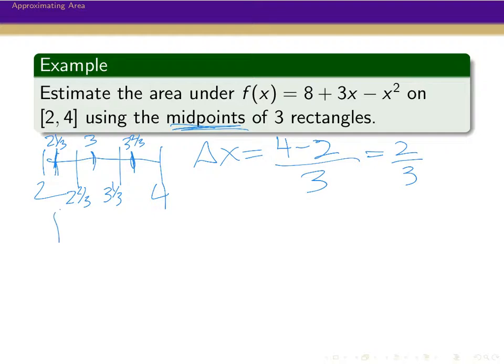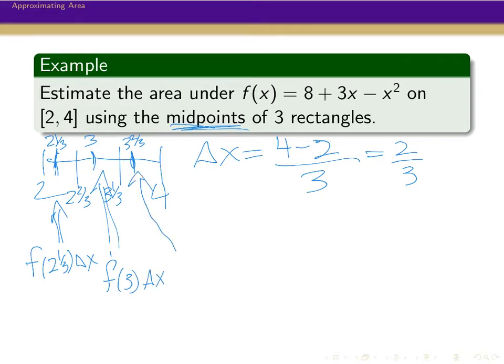Okay, so for this rectangle here, it's going to be f of 2 1/3 times delta x. And then this one is going to be f of 3 times delta x. And this last one's going to be f of 3 2/3 times delta x.